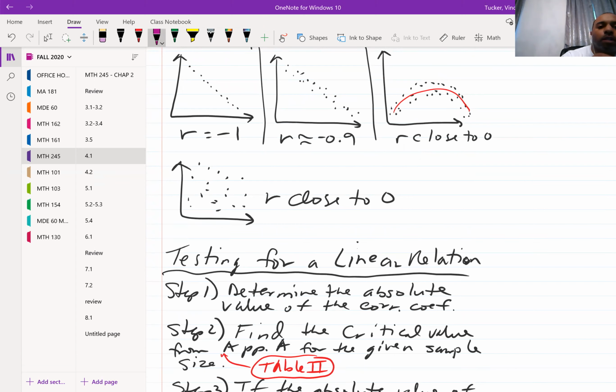All right, so the next thing is to test for a linear relation. I believe I have that chart. Let me see. I don't think what I'm doing right now is blocking your view. If it is, let me know.